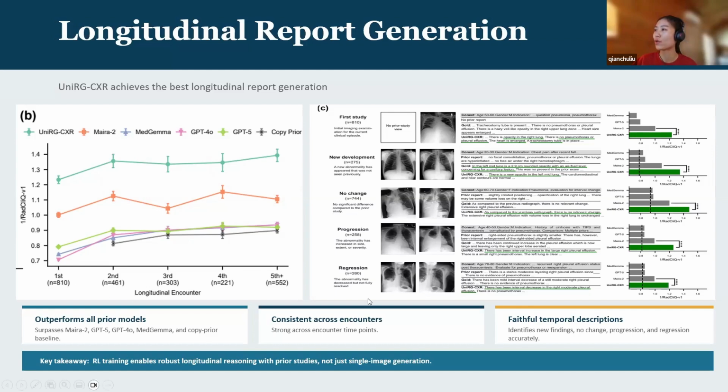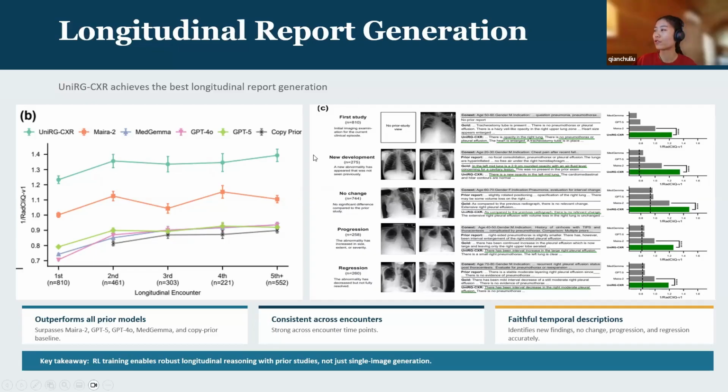And then moving on to the C figure here. Again, we have categorized the studies in terms of the longitudinal information that the reference report mentions, into different categories, depending on whether there is a new development mentioned in the report, or no change mentioned, or progression or regression information in the report.